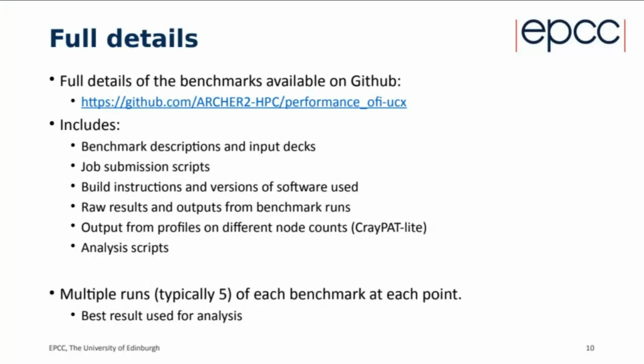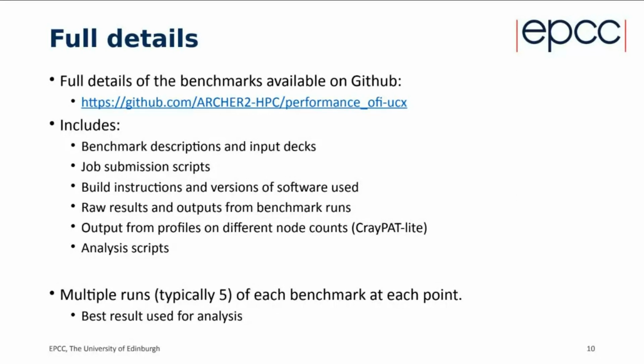So this is a summary of the work. The actual full details of the benchmarks, all the results we produced, the analysis scripts we used to produce the plots you see here, and the underlying data are all available online on GitHub in a public repository. So if you want to compare data to things on other systems, you can go to the public GitHub repository and find out exactly what we did in terms of job scripts, how we ran it, input decks, output files and things like that.